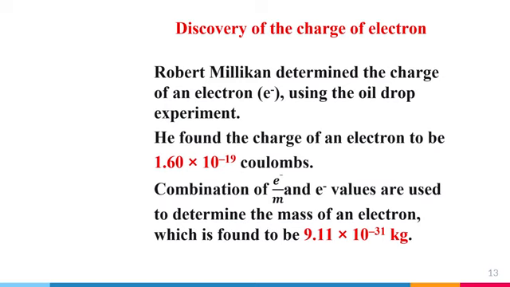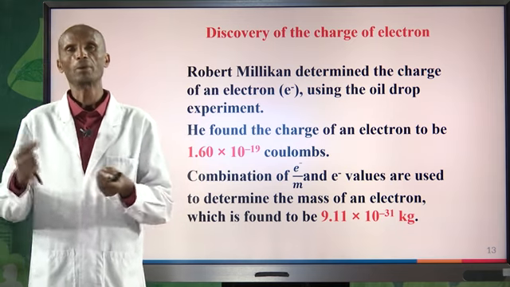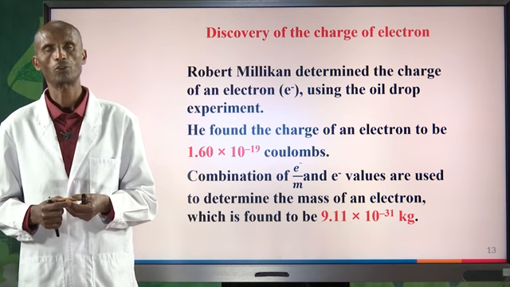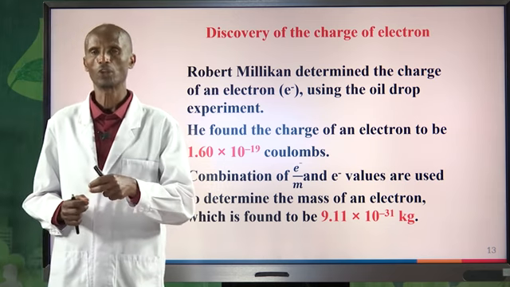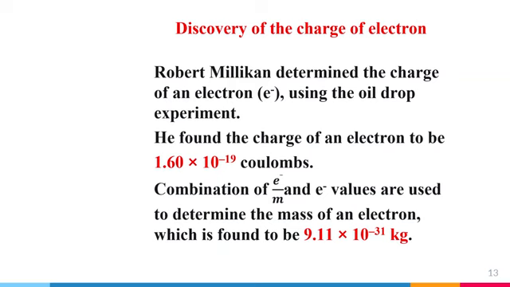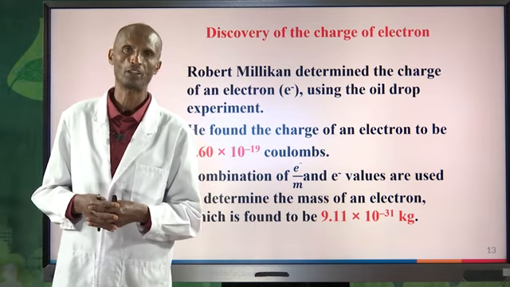Now the oil molecules are attracted downward by the gravitational force of the earth, and then he applied an electric force that can attract the negatively charged oil molecules upward. By comparing the gravitational force and the electric force that he applied, he determined the charge of electron to be 1.60 times 10 raised to minus 19 coulomb.